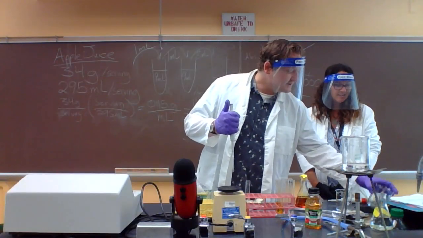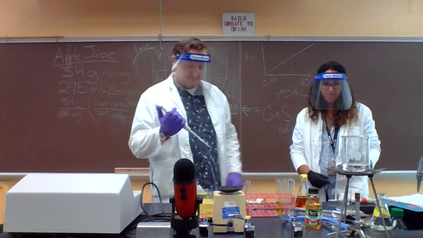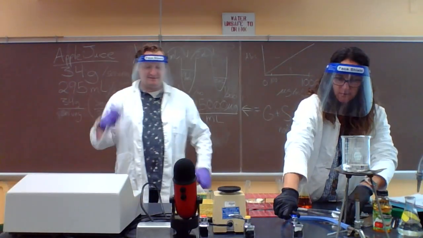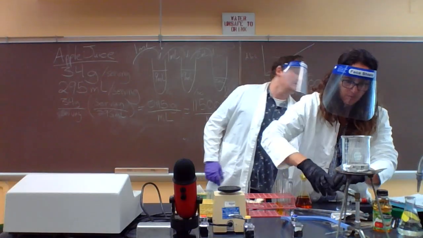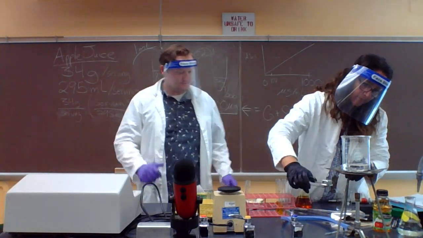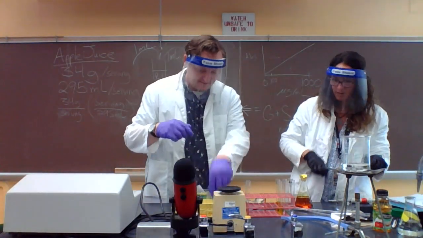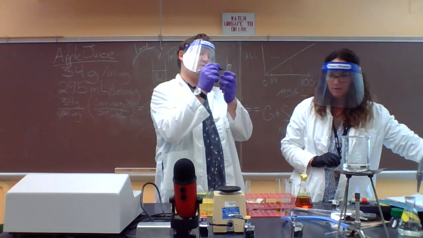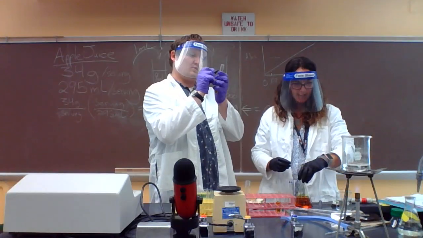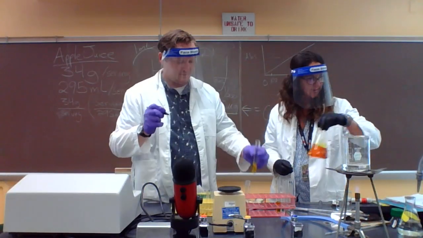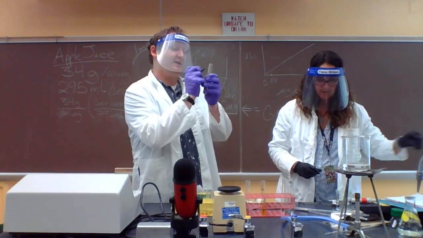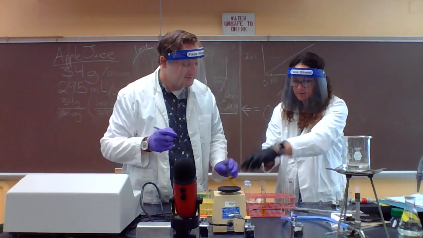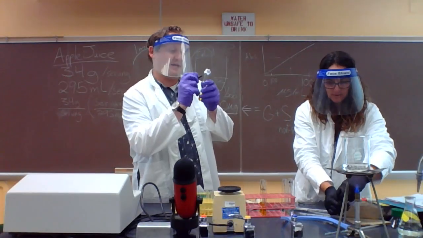All right, now we can boil this. Yeah, now we have 3 tubes to boil. We heated up the water before we started, so it should be very fast. 1 and 2, 1 and 5, and then our blank.